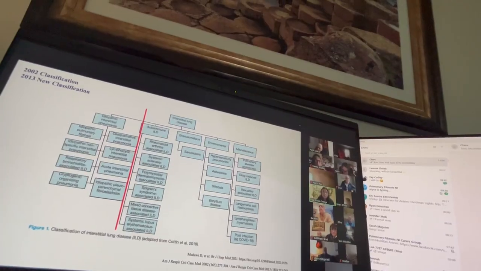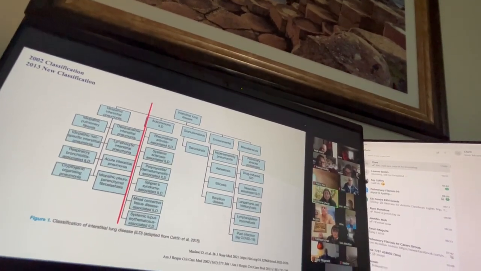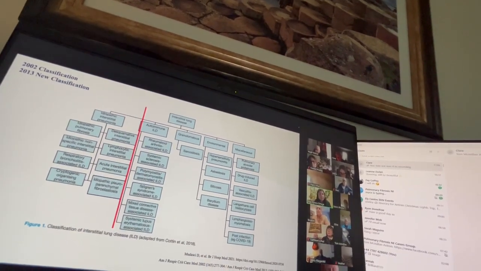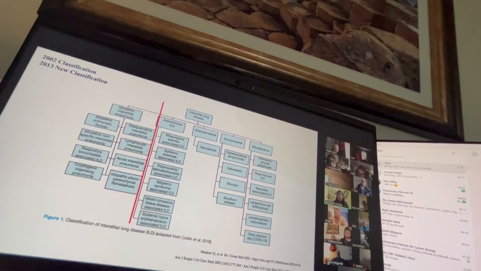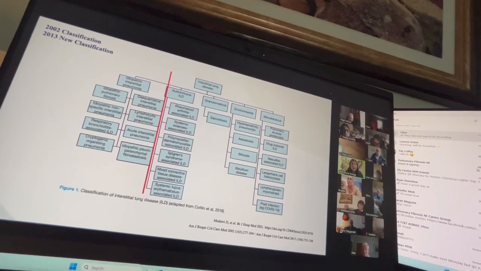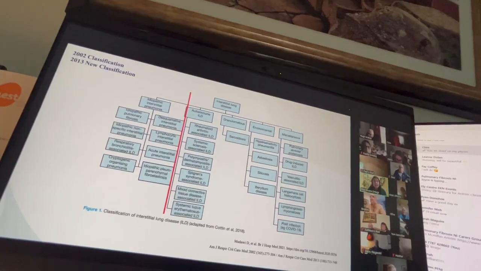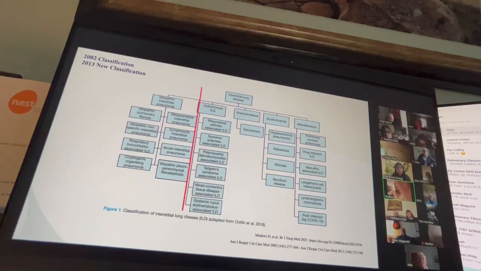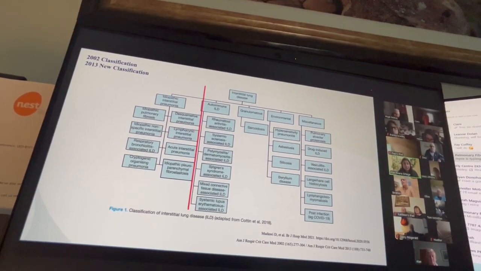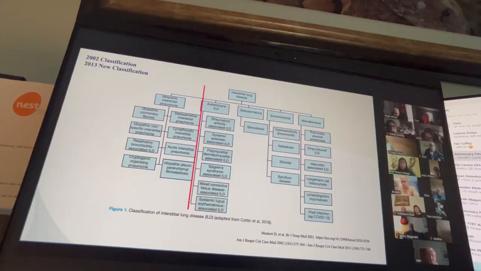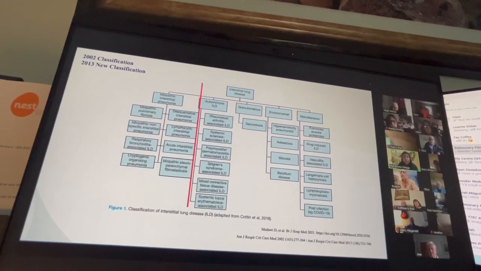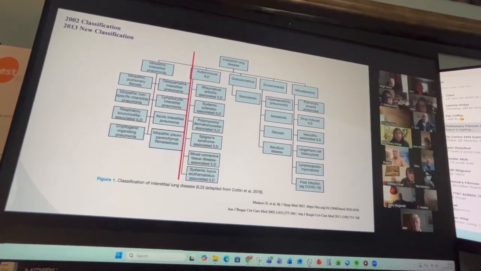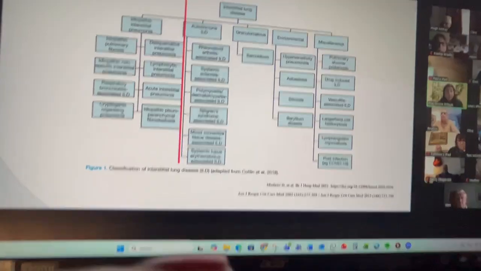I am spending quite a lot of time on this, and I'm sorry if many of you are already familiar with what I am explaining. It's because in this graph we don't have the 200 diseases I mentioned, only a few of them. But if I ask you where in this classification would be the location of familial pulmonary fibrosis or familial interstitial lung disease, the answer is there is no one location, because any of the 200 types of interstitial lung disease possibly can have genetic predisposition.